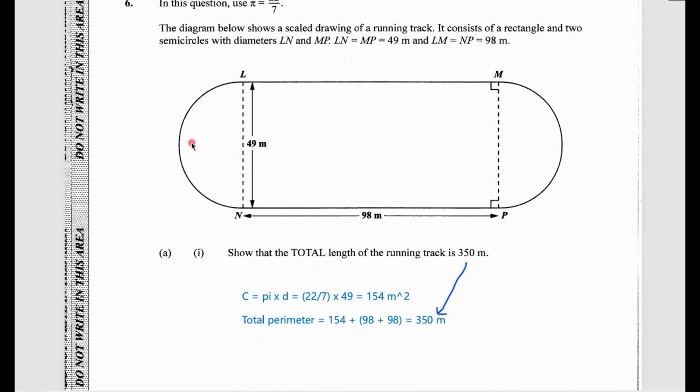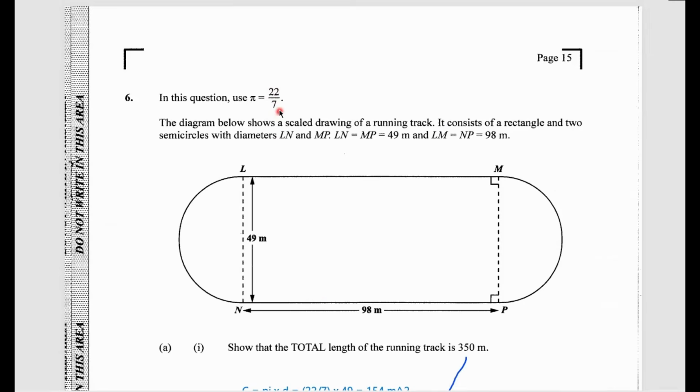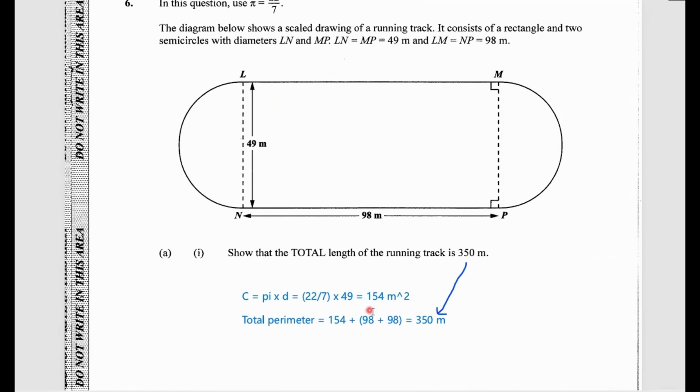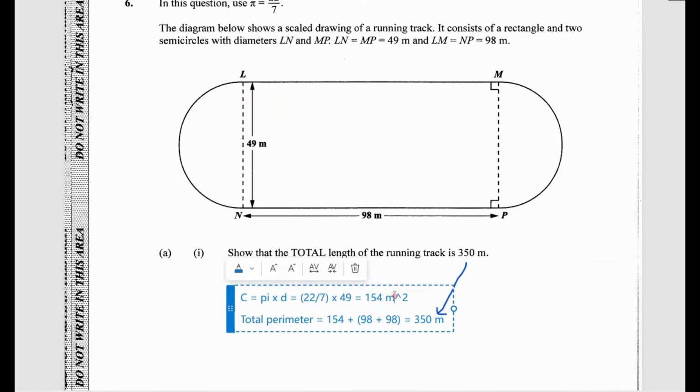What I did is I combined the 2 semicircles to get a whole circle. So you know the distance around a whole circle, circumference, that's pi by diameter. That's 22 over 7, which is your pi, as seen here, by a diameter, which is 49, you get 154 meters squared. And that should not be squared, that should just be meters. Do apologize for that.